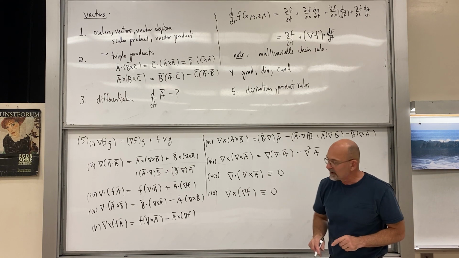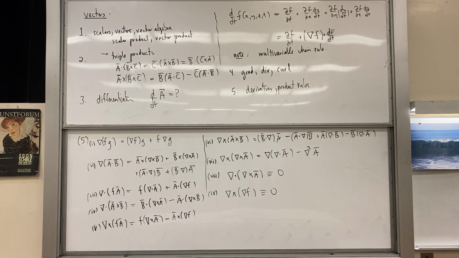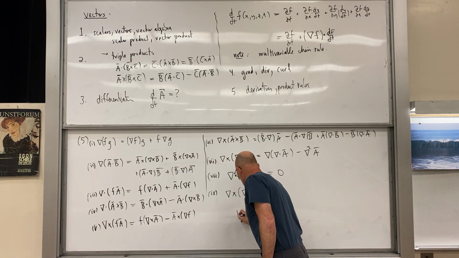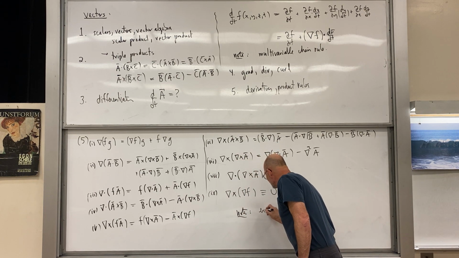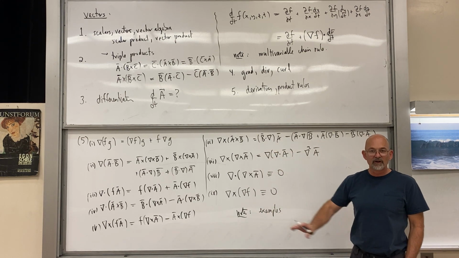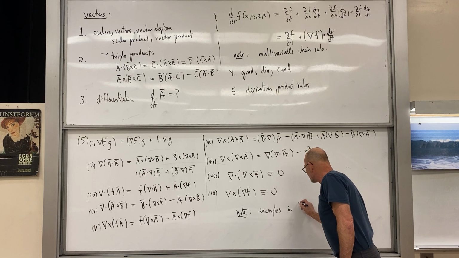And now I'm ready to go to integration. Let's see here how we're doing time-wise. Okay, great. So I'll just put a note here. Examples have already been brought to a fair number of examples in the first lectures.